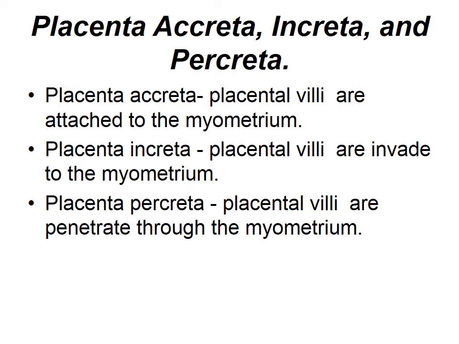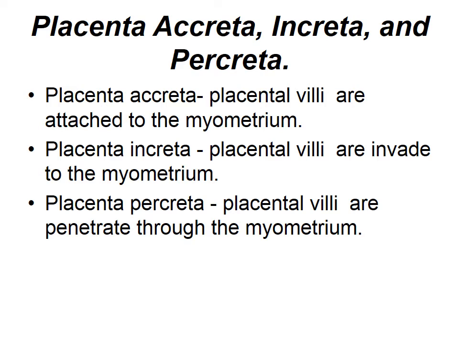There are 3 types of abnormal placenta adherence: placenta accreta, increta, and placenta percreta. Placenta accreta: placental villi are attached to the myometrium.